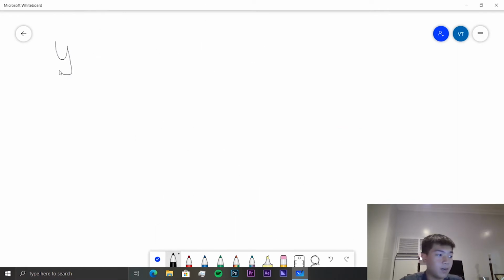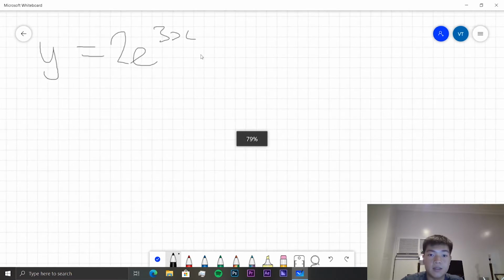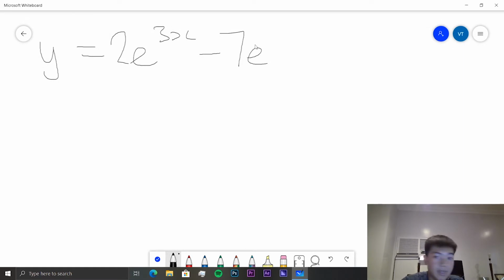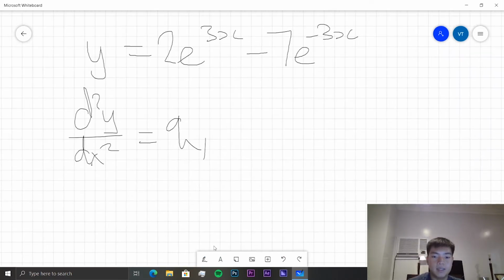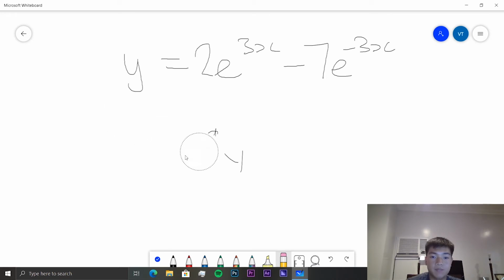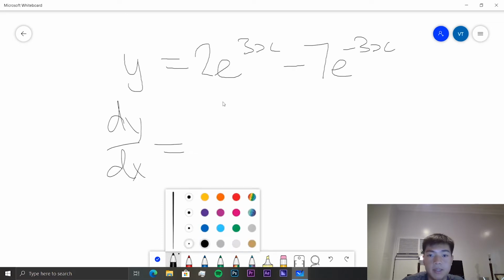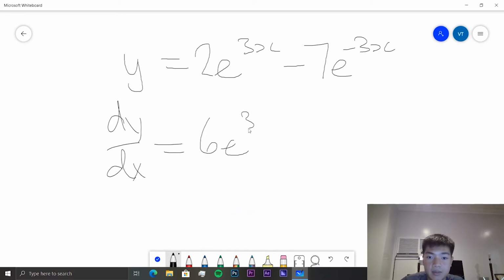On to the next one, so number 4. We're given that y is equal to 2e to the 3x minus 7e to the negative 3x. Show that the second derivative, d squared y over dx squared, is equal to 9y. Okay, so let's just get the second derivative and then prove this later. So we have the first derivative, dy over dx, is simply equal to 6e to the 3x plus 21e to the negative 3x.